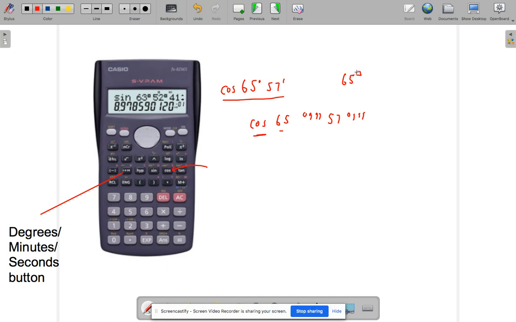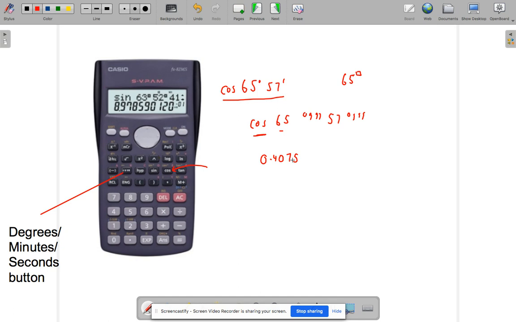Then we put in 57. And we press the button with the commas, the degrees, minutes, seconds button again. And then press enter, and we get to 4 decimal places, 0.4075. So that's the cosine of that angle.